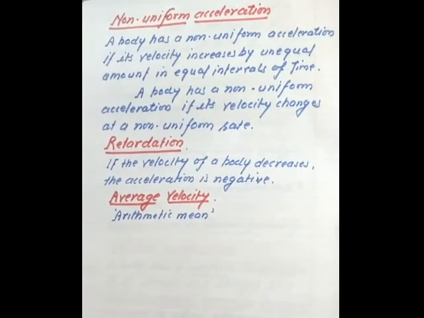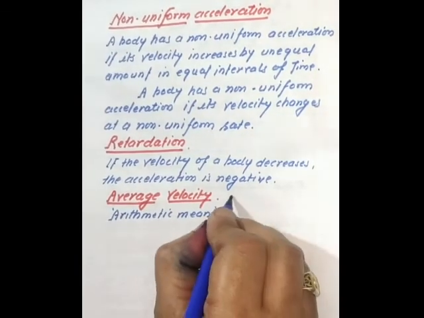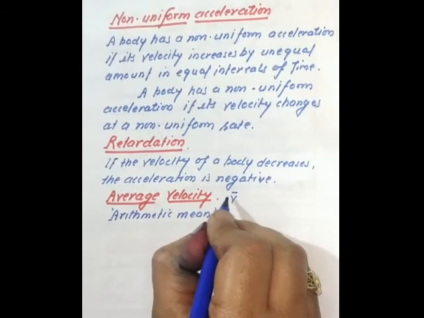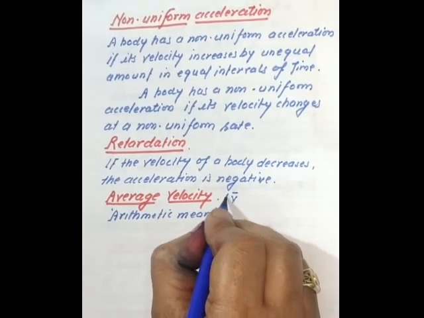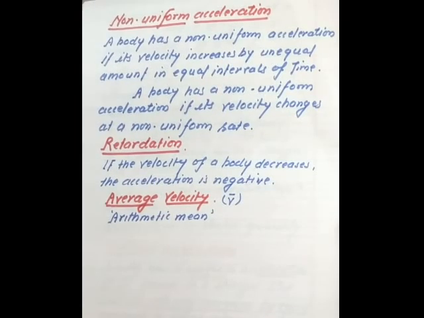The average velocity is represented by v with a bar on top.